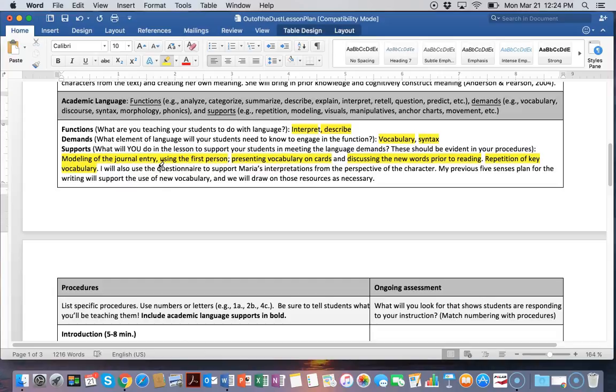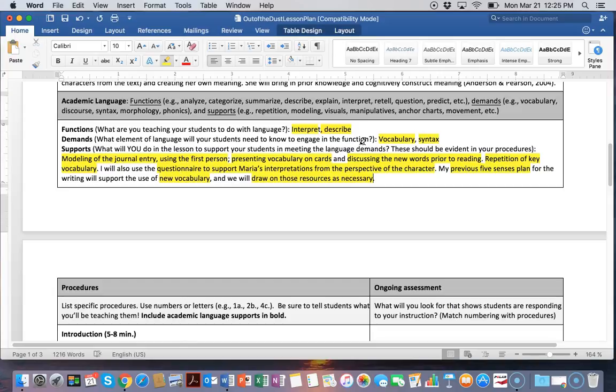Another academic language support is the graphic organizer or questionnaire, which is meant to support Maria's interpretations from the perspective of the character. She refers to her previous 5 senses plan, and she also talks about supporting the use of new vocabulary, again, perspective, and drawing on these resources as necessary.